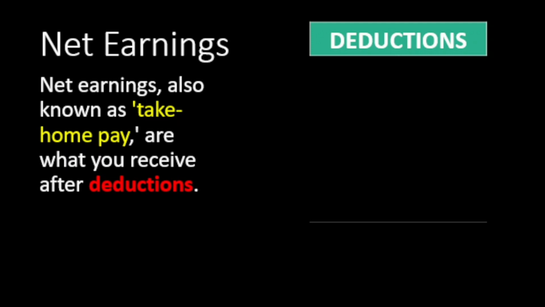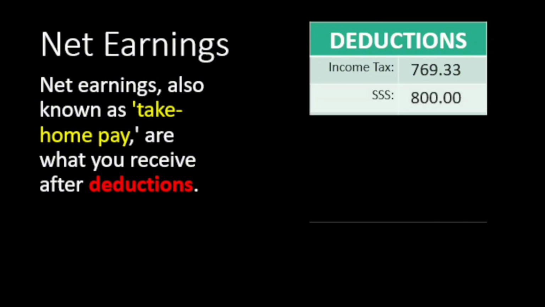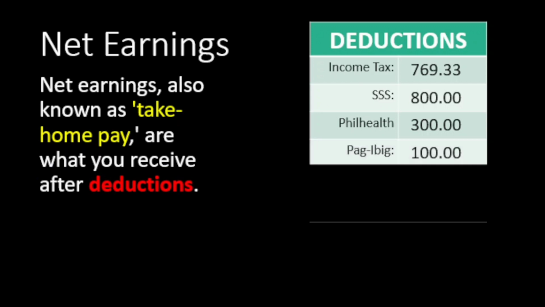To calculate your net earnings, you'll need to deduct the following. Income tax. The amount varies based on your income bracket and tax exemptions. Social Security contributions. This includes both the employee and the employer contributions. PhilHealth, that's typically about 300 pesos.